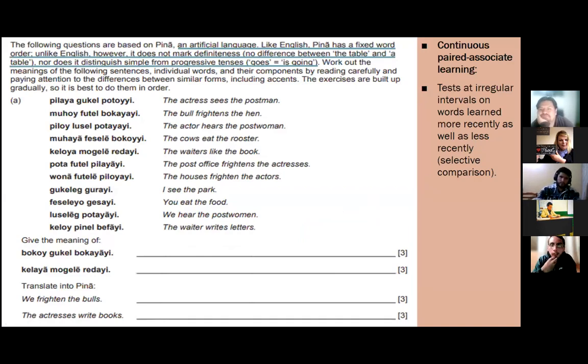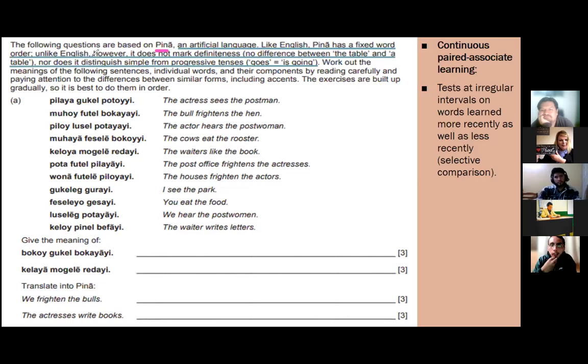As the teacher says, we have an artificial language. This means that it is an invented language used to study how good you are, or how high your aptitude is, to learn a language. This is Piña, an artificial language. It is a little bit like English because Piña has fixed word order.